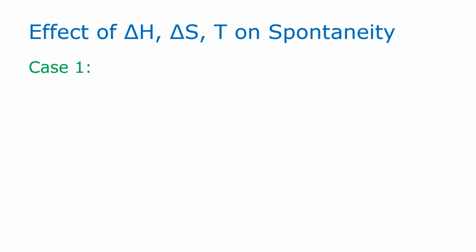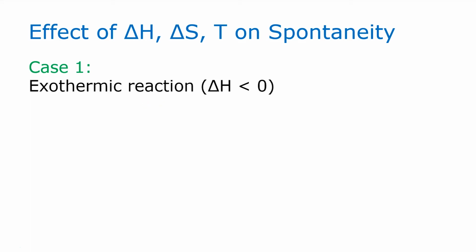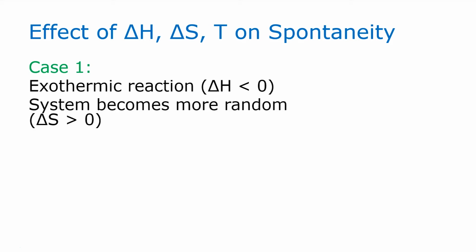We are now going to look at the effect of enthalpy change delta H, entropy change delta S, and temperature on spontaneity. Basically, there are 4 cases that we will examine. In case number 1, when the reaction is exothermic, delta H is negative, and the system is becoming more random, delta S is positive.